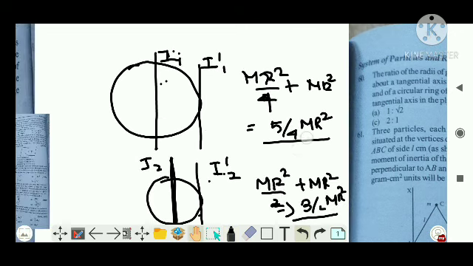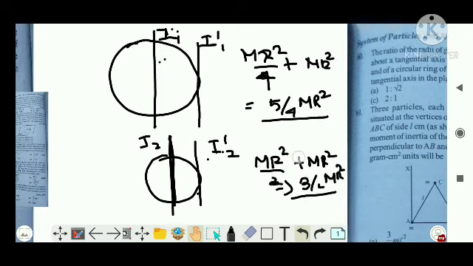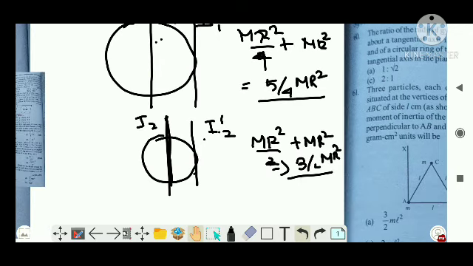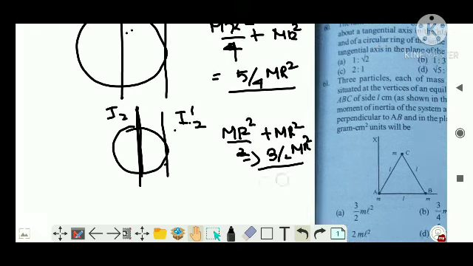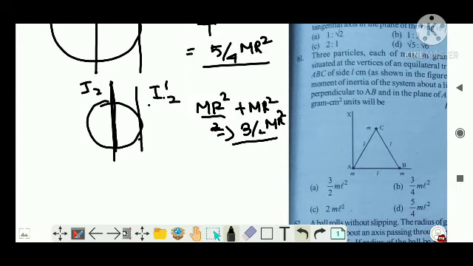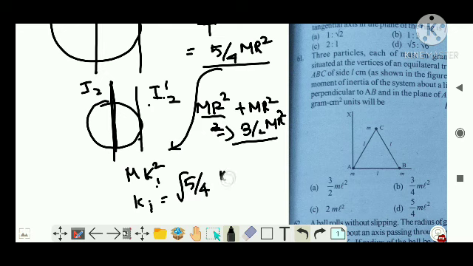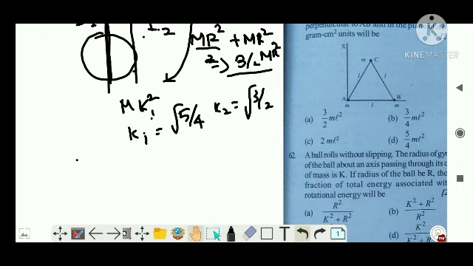Equate this with mk squared, k1 squared if you want. So k1 squared is equal to r squared times 5 by 4, or k1 is root 5 by 4 times r. Similarly, k2 will be root 3 by 2 times r. Just find the relationship. Clear?